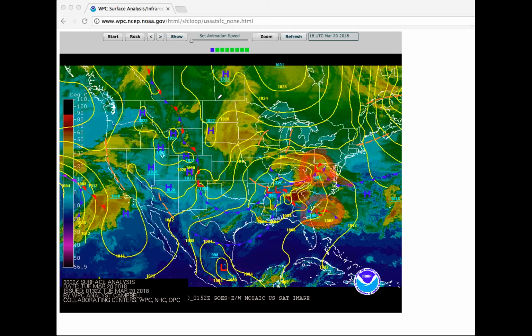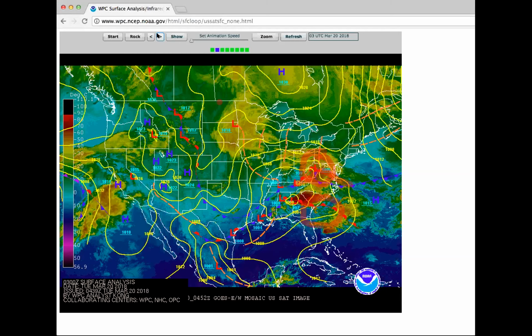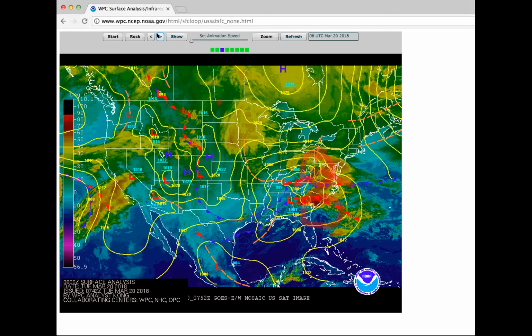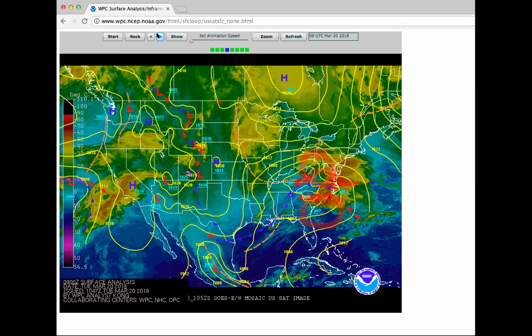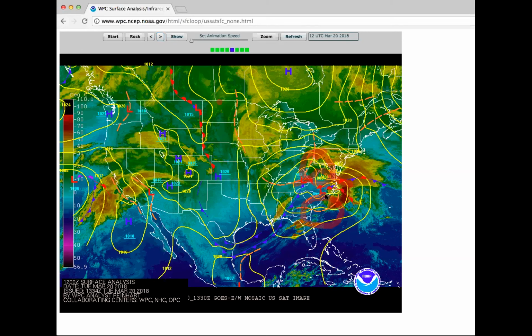I want to get rid of my annotate so I can do this. So I'm going to just slowly move forward. So there's the low pressures. They're going to start to merge into one low pressure center, and I want to get rid of my annotations, so I will erase these.